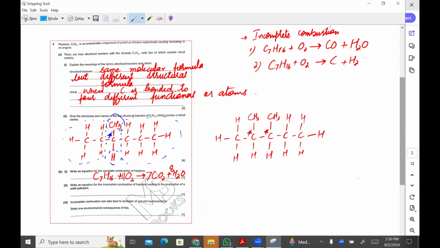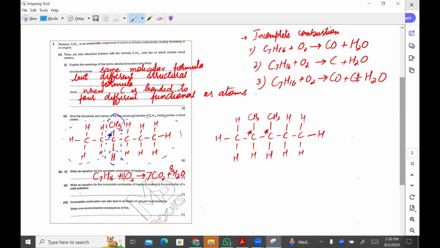So this is the second equation for incomplete combustion. And the third equation is C7H16 plus O2, where carbon monoxide reacts and carbon plus water is formed. So these are basically three equations that we can use for incomplete combustion.